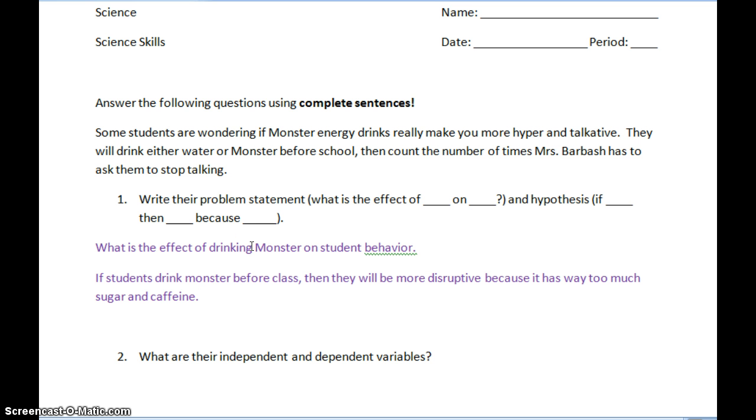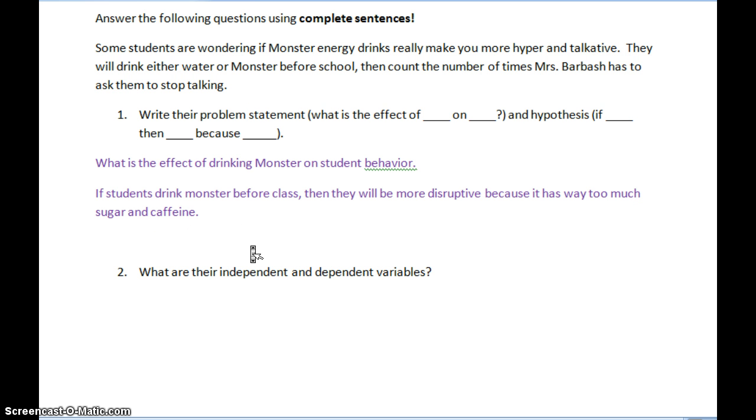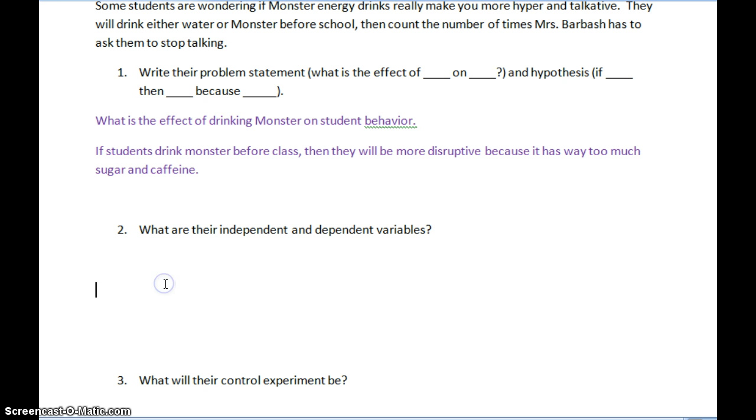Okay, so make sure that you match up with that or you're really close. Okay, so from that, we can now draw the conclusion that our independent variable is, in fact, drinking Monster drinks, and our dependent variable is student behavior.